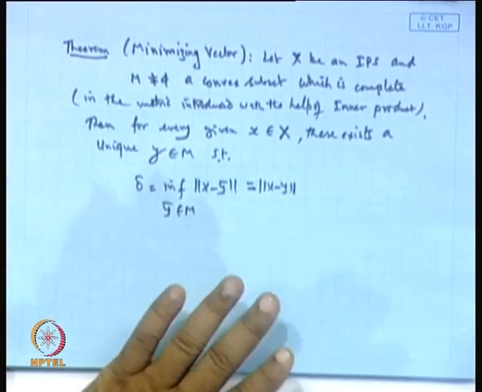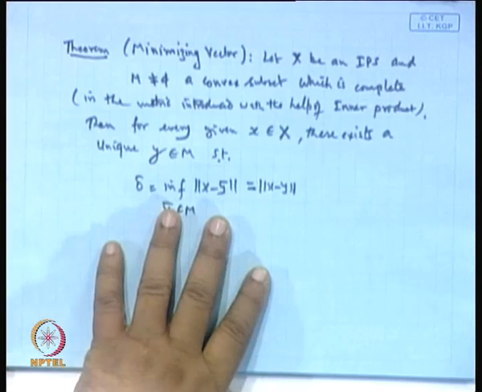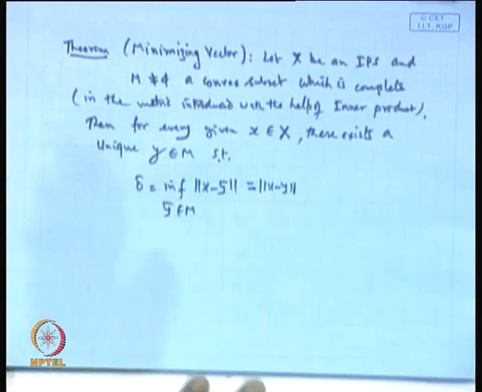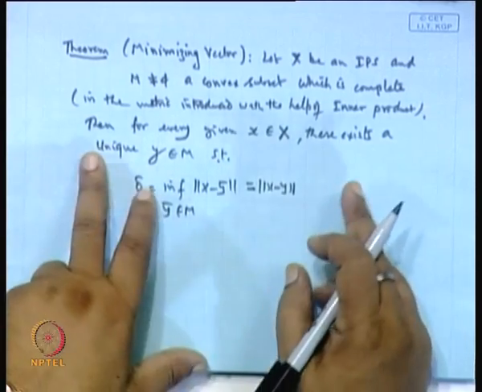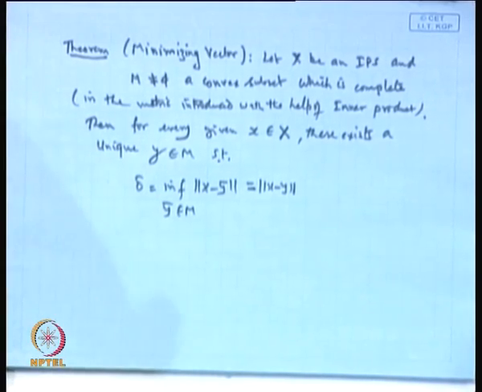It means there is a guarantee that this infimum will be attained at some point inside M. So, existence and uniqueness are guaranteed if I start with a set M which is convex and complete in an inner product space.